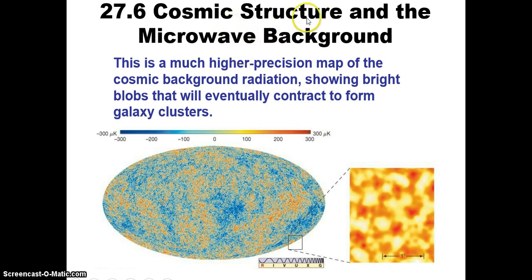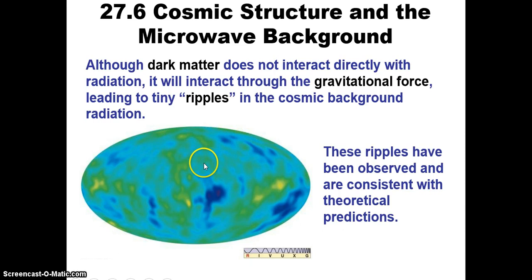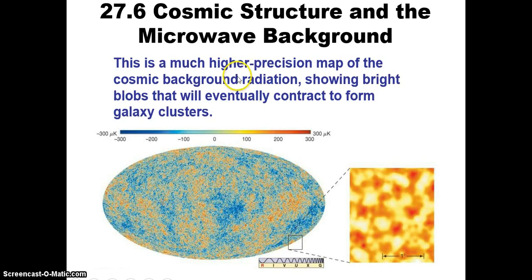Later on, after the success of COBE, we sent another spacecraft up. When was this? It was at least a decade or so. I think it was in the early 2000s.